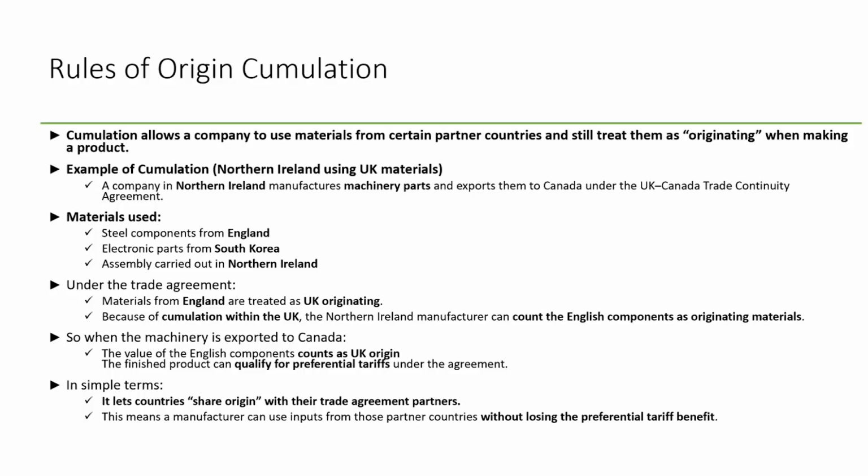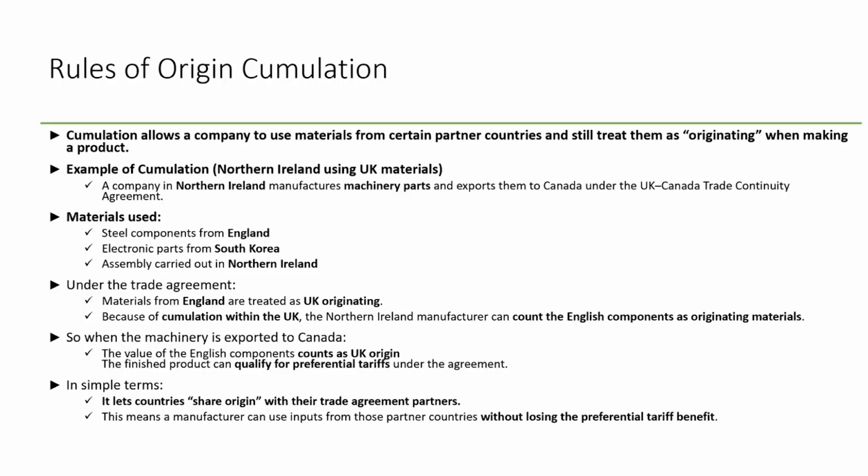Accumulation is an interesting one. It allows a company to use materials from certain partner countries and still treat them as originating when making a product. Again, I'm not going to go through the full example. You can do that in your own time. But if you look at the EU-UK Trade and Cooperation Agreement, I could source materials from the United Kingdom when I'm trying to qualify for origin under its rules.